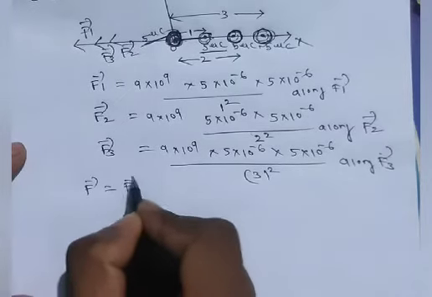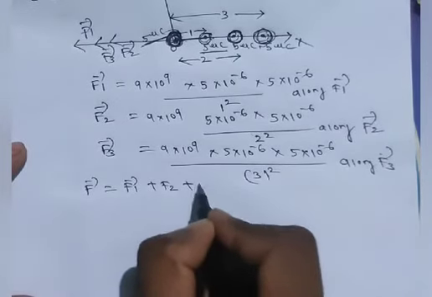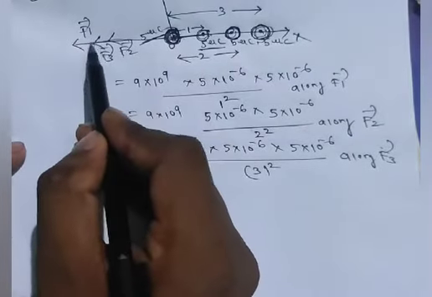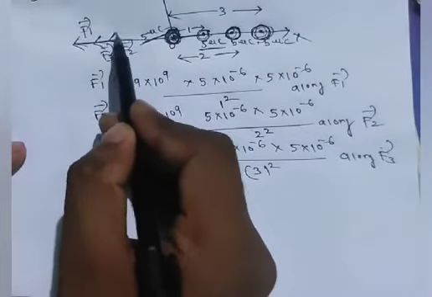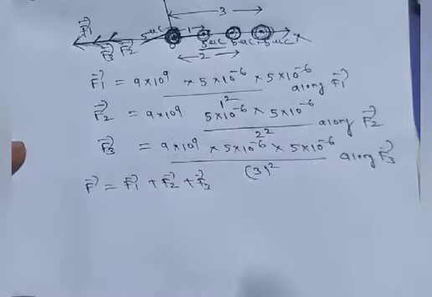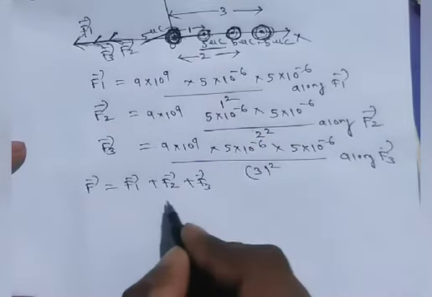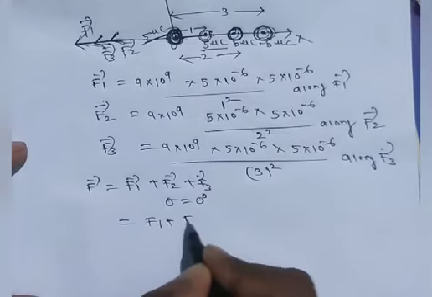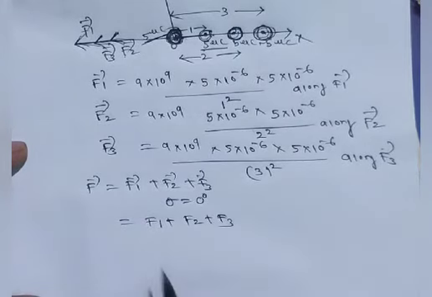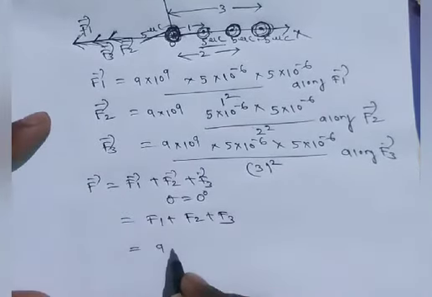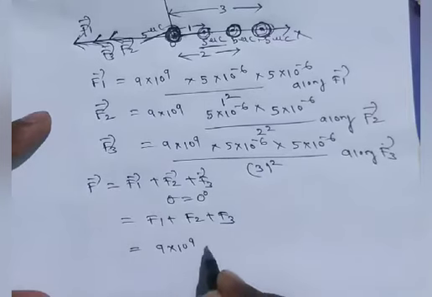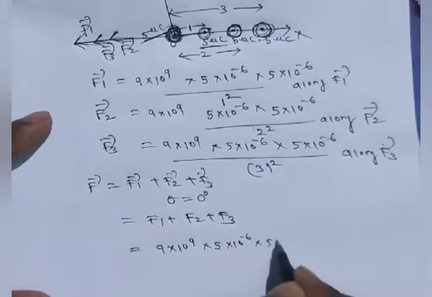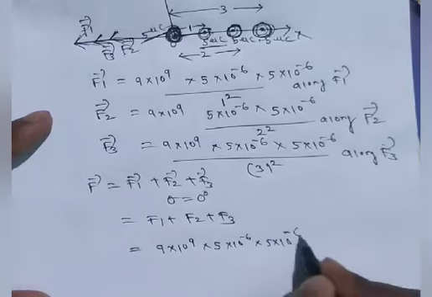The vector sum of F1, F2 and F3. All the vectors are directed along the same direction, so for theta equal to 0 degree the resultant force will be simply the addition of all three vectors. So it's simply 9 into 10 to the power 9 into 5 into 10 to the power minus 6, 5 into 10 to the power minus 6, which is common to all of them.